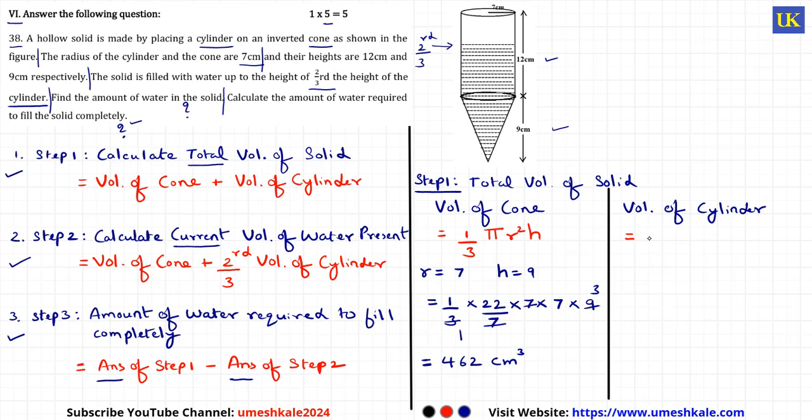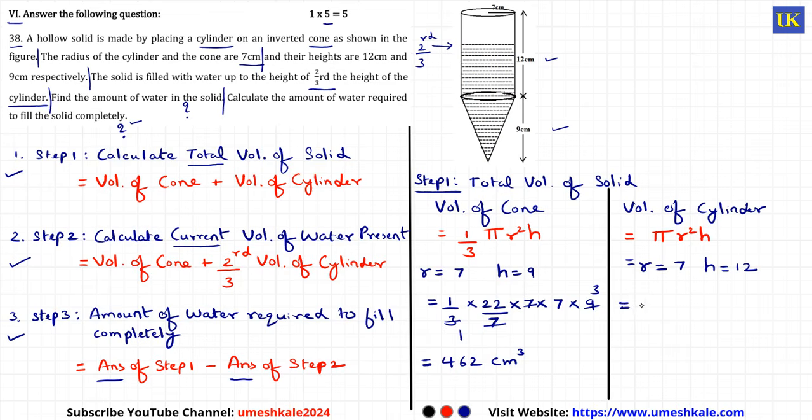So the formula is pi r square h. Here also we'll write r value. So the r value is 7. The height is 12.